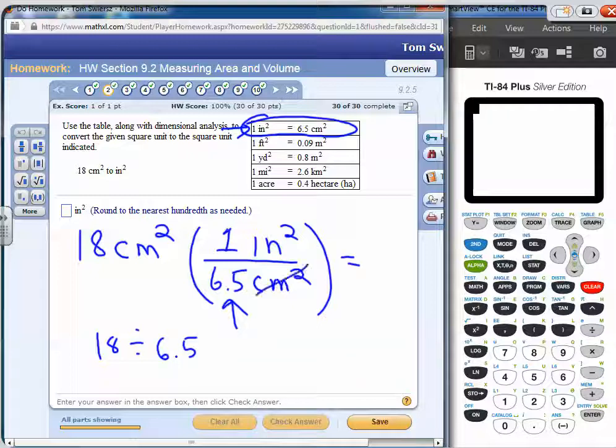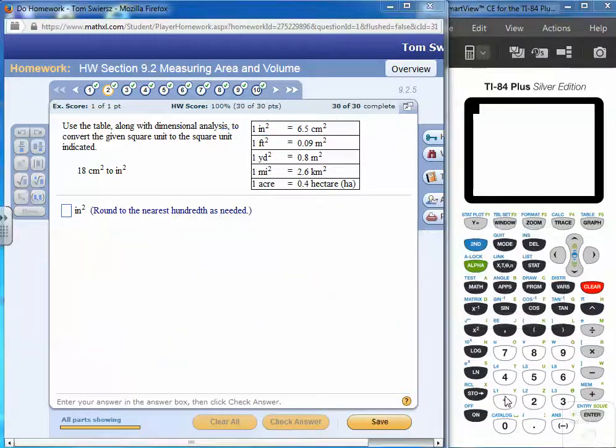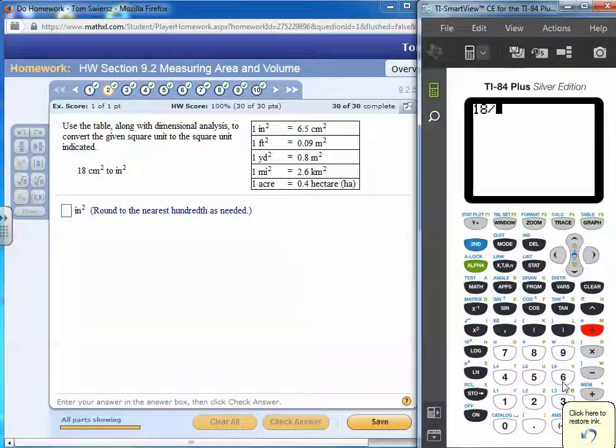And then the square centimeters will cancel, and we'll get our answer in square inches, and we're going to round to the nearest hundredth, which is 2 decimal places. So we'll go ahead and do that. 18 divided by 6.5 on our calculator, and we get 2.769, rounded to the hundredths.